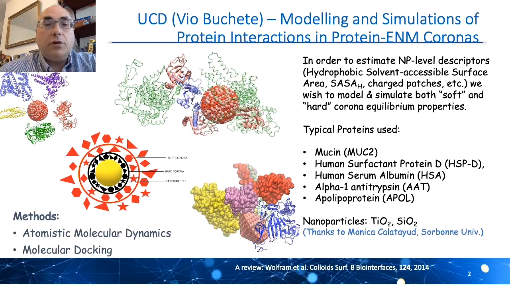Mucin is an important protein, the human surfactant protein, HSP-D, for example, human serum albumin is a protein that we have been using in our simulation. Antitrypsin, apolipoprotein is a smaller protein that is also important from a biological point of view.